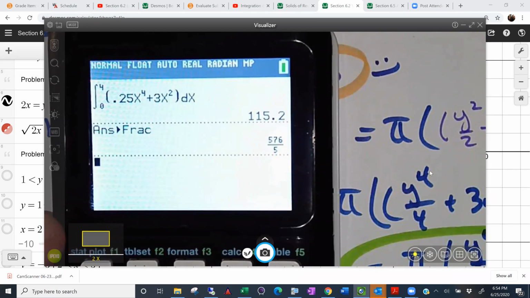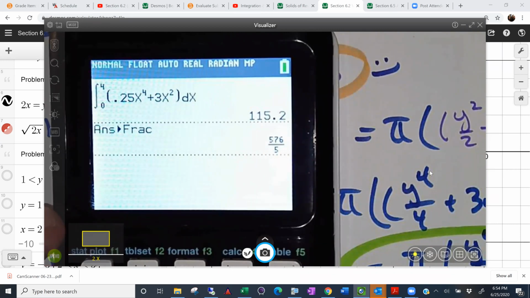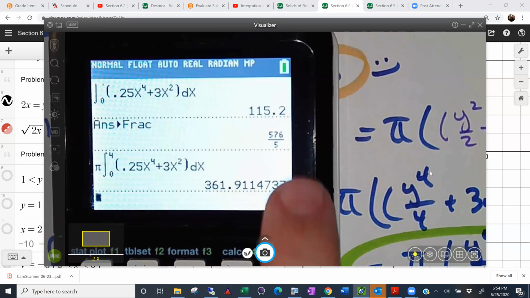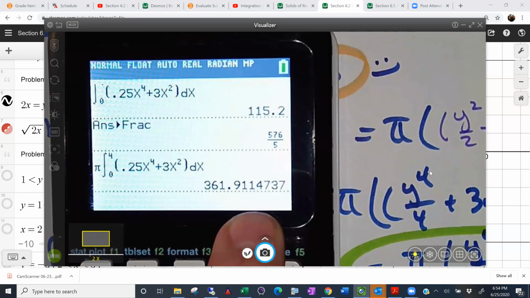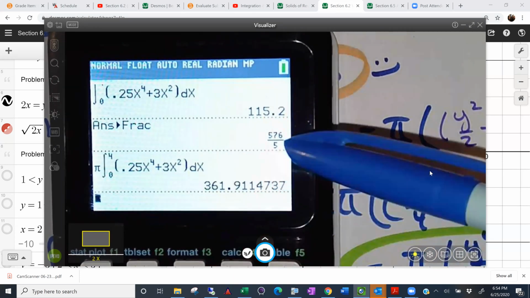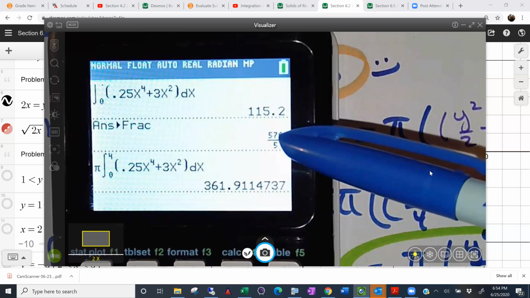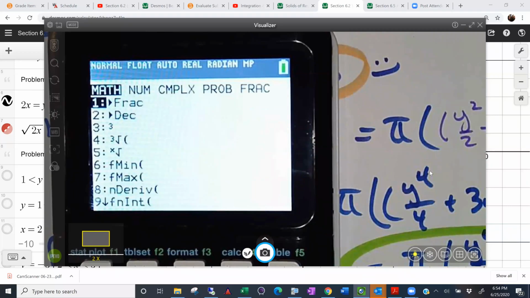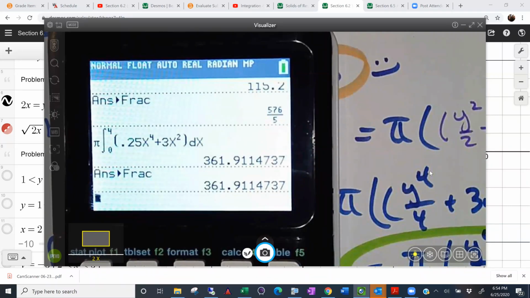So for instance, if I had pi times this, I'll get the right decimal answer, but there's no way that I'd ever figure out that it's 576 over 5, because when you hit the math key, answer the fraction, you get nothing.